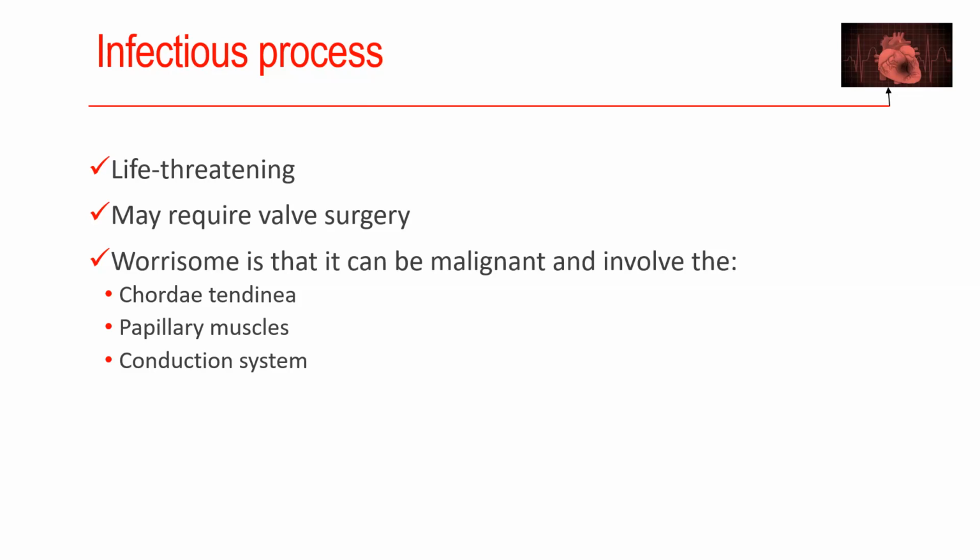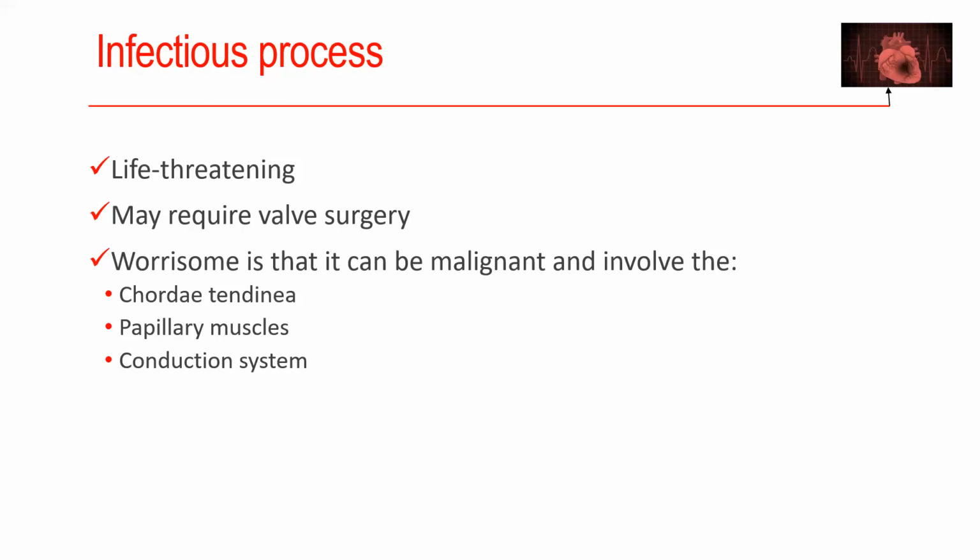The problem with endocarditis is once that bacteria has been deposited, it can become malignant in its reproduction. And that malignancy can destroy the cords. So once the cords are destroyed, the valve is totally floppy and you're not going to have any management of forward flow. Patient could have sudden cardiac death.